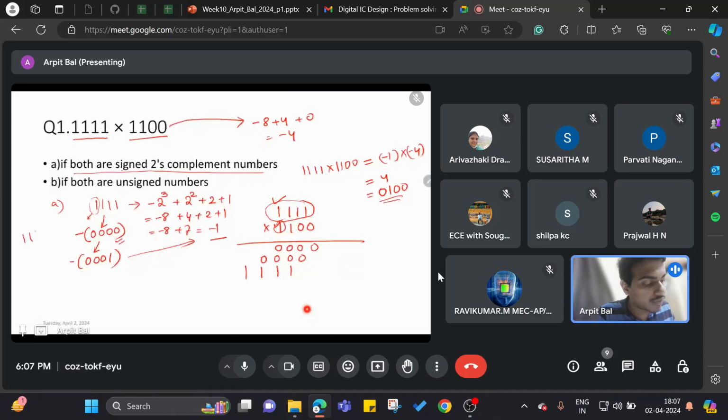Okay, and what will be the positive form of 2's complement? So if we have 1 1 1 1, you take the 1's complement first, plus 1, so it will be 0 0 0 1. Okay, 0 0 1, and this is 0 1.